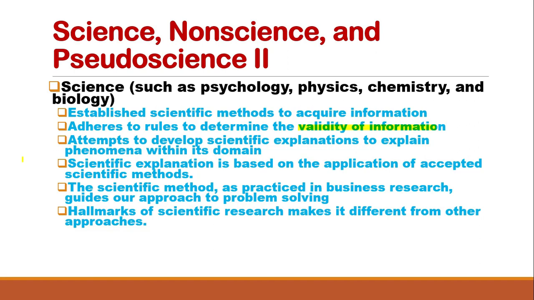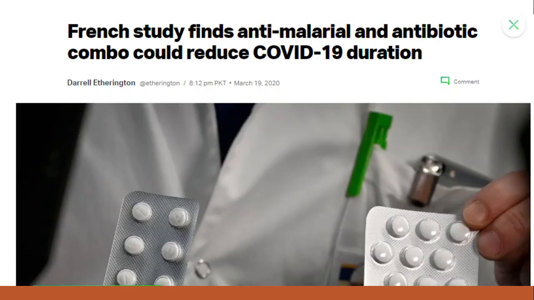All those methods that we are going to discuss further as we proceed in this course adopt scientific explanation to explain a phenomenon. So perhaps if we ask which medicine is the cure for corona, you need to know that a scientific trial is going on nowadays on the medicine of malaria, to see whether it can be an effective treatment of corona.